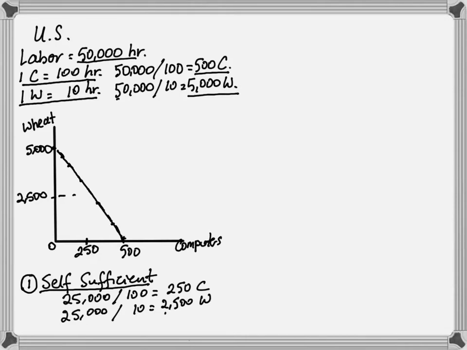That means the United States, among all the production possibilities, chooses this combination. So let's make it point A. Okay, so that's point A, where the country chooses to produce 250 computers and 2,500 tons of wheat. So we just derived the production possibilities curve in the United States without trade.